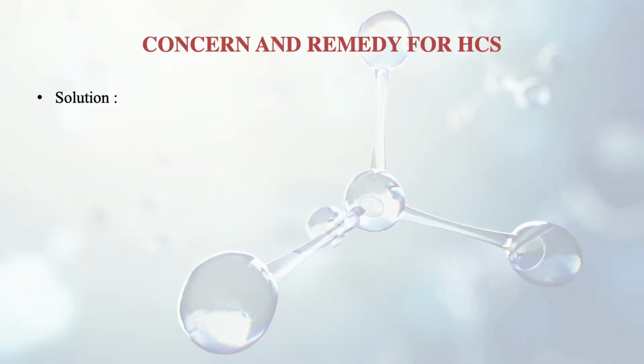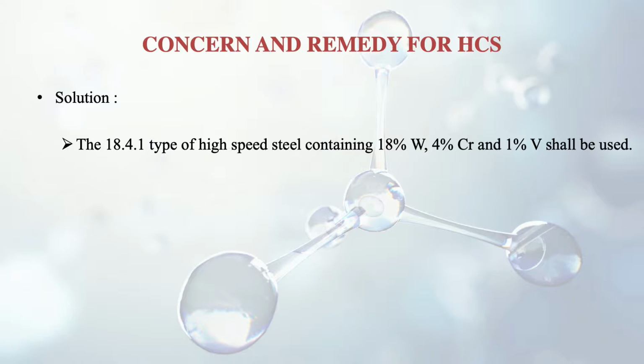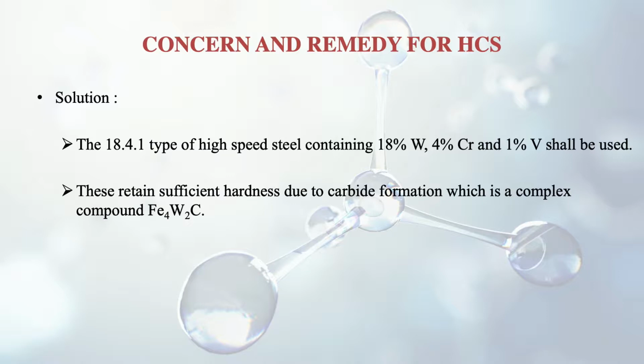For that purpose we will be using 18-4-1 type high speed steel, where there is 18% tungsten, 4% chromium and 1% vanadium. And what do these do? These retain sufficient hardness due to carbide formation, a complex compound, Fe4W2C.